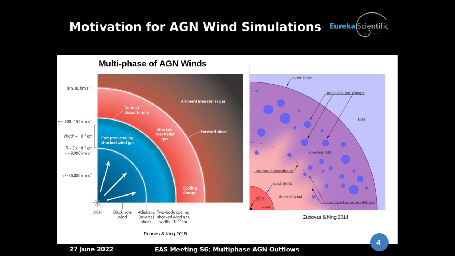And on the right, we see a schematic view of multiphase energy-driven outflow, and we see the formation of molecular gas clumps because of instability. So this density column could be related to those warm absorbers which I previously showed.